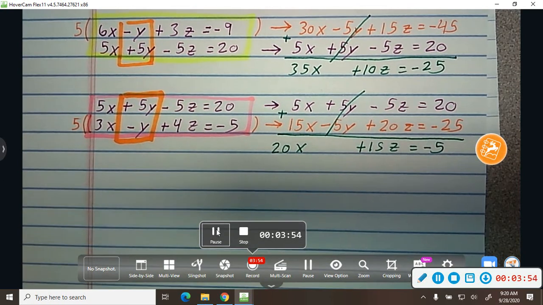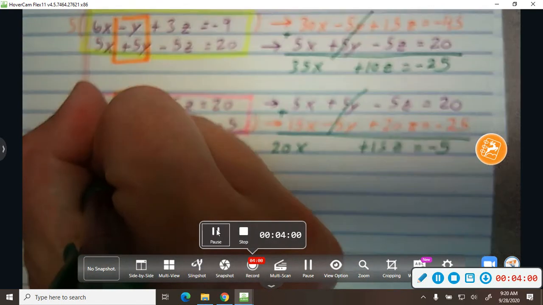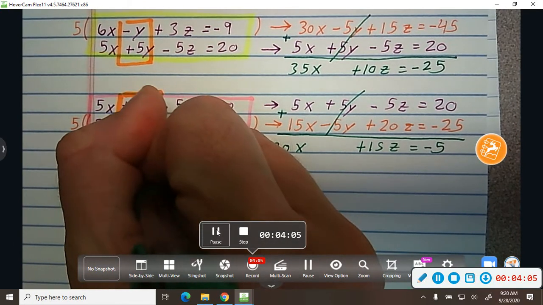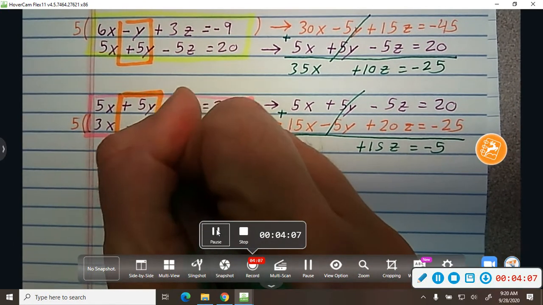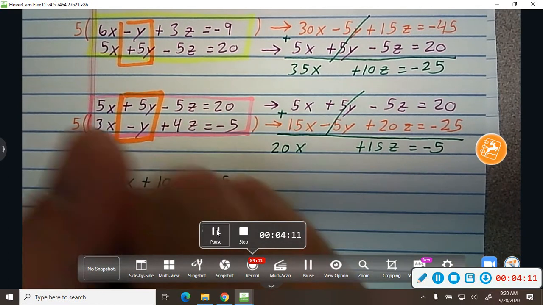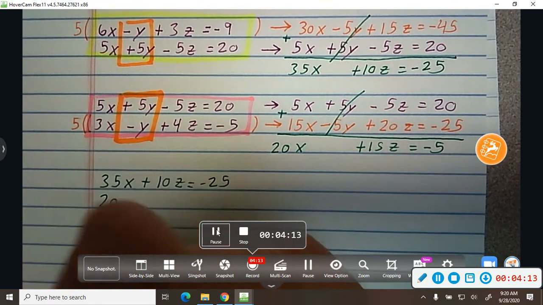Now from there, what we're going to do is take those two green equations and put those together. I'm going to rewrite those two green equations.